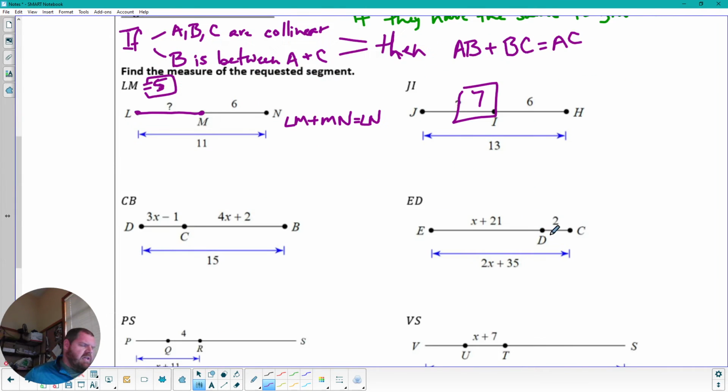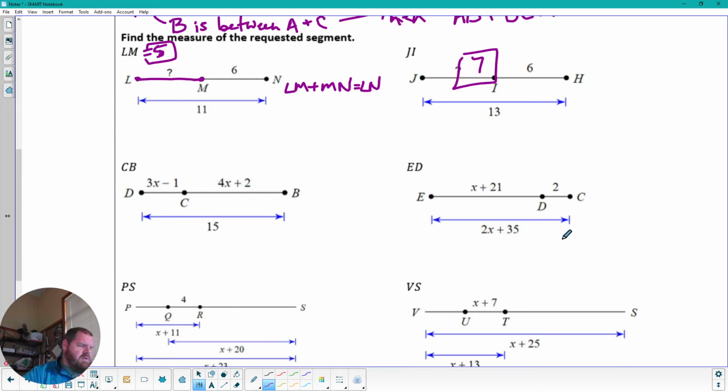Some of these other ones get a little bit tougher. Like these ones, there's some variables involved, and we can deal with that. The one thing that I do want to encourage you is make sure you know what you're trying to find, and don't stop too early. So this one says I'm trying to find CB. That's from there to there. And that's 4x plus 2, but I need to know what x is first. Well, this piece plus this piece has to add up to the entire 15.